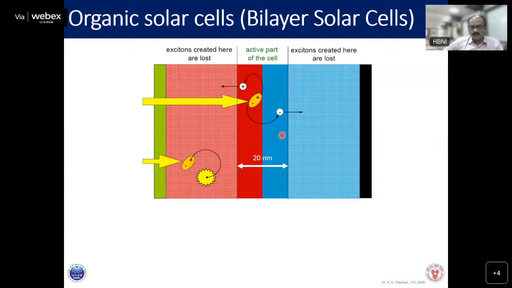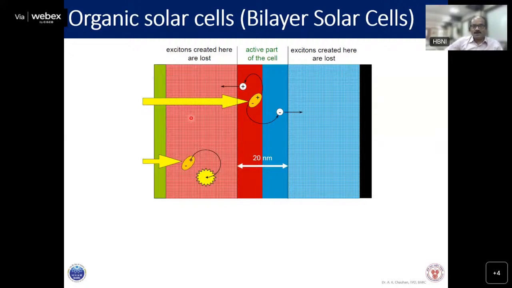In typical polymer solar cells, this is in the range of 20 nanometers. So suppose you have deposited a bilayer of a 50 nanometer donor layer and a 50 nanometer acceptor layer. Then only 10 nanometers will be an active layer.